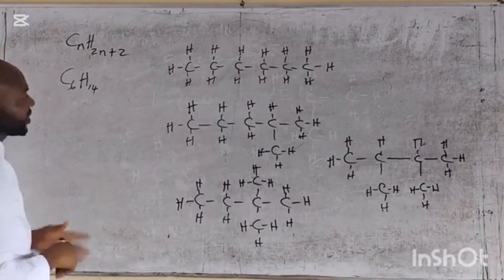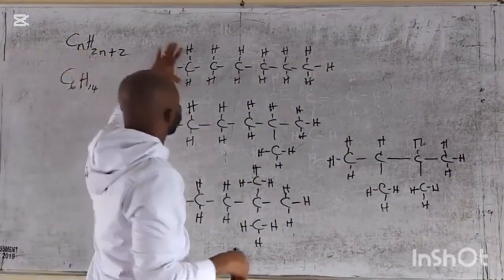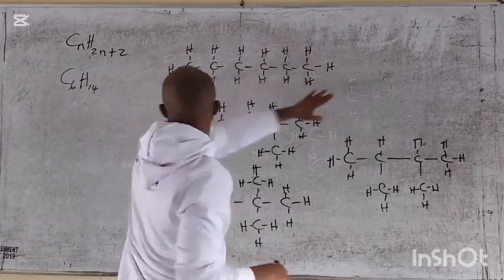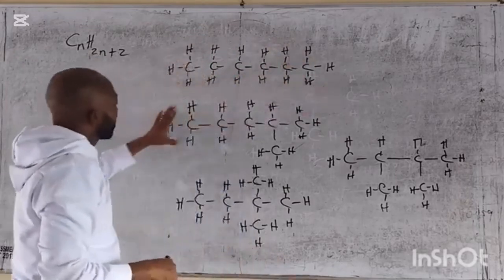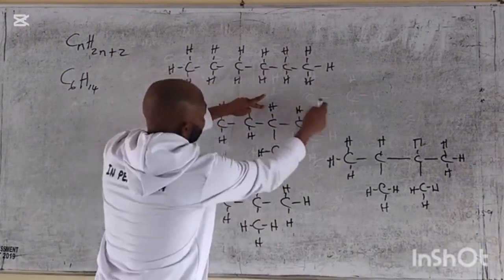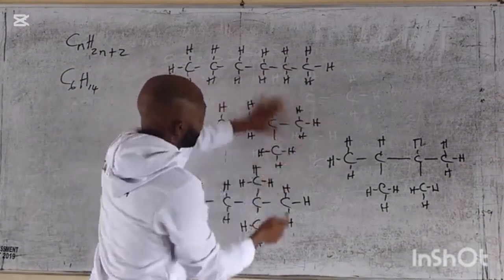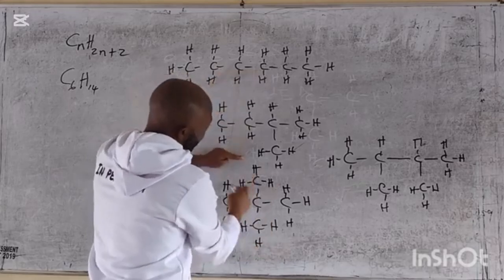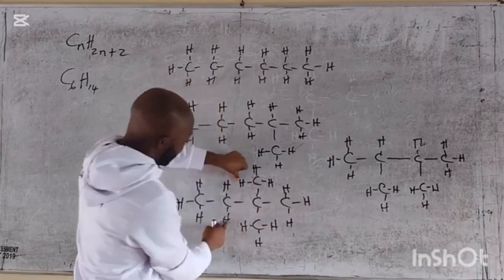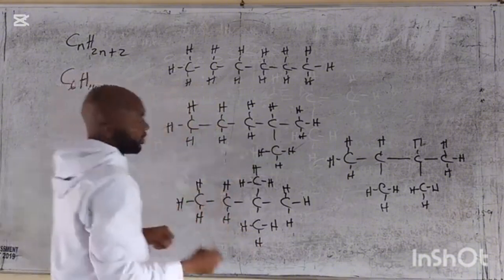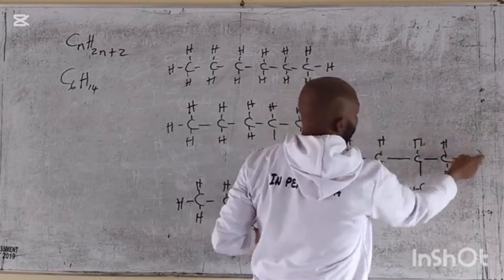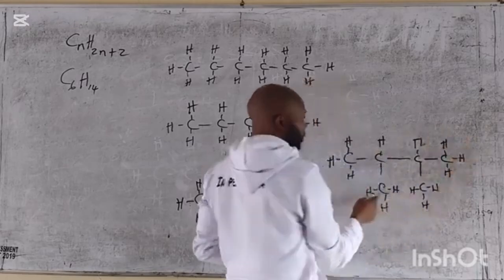In all of these cases, we have 14 hydrogens: 3, 4, 5, 6, 7, 8, 9, 10, 11, 12, 13, 14, and here, 1, 2, 3, 4, 5, 6, 7, 8, 9, 10, 11, 12, 13, 14.